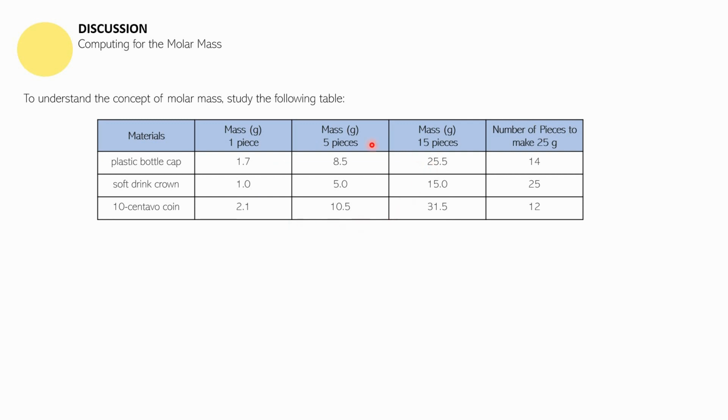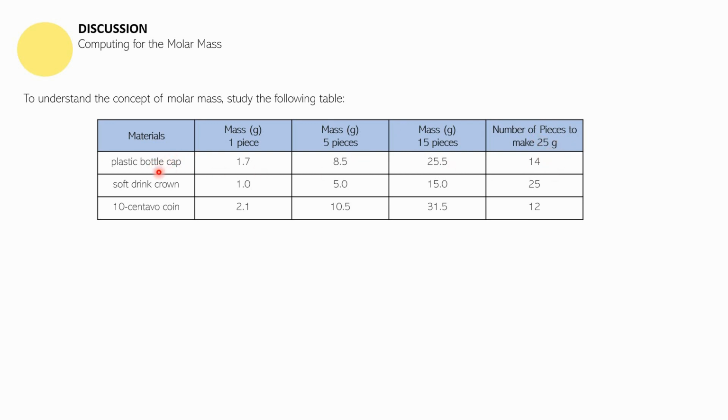So all in all, what do you observe? They have different recorded masses. Despite the fact that they have the same number of pieces, you have recorded different masses for them. I guess that concept is pretty clear for you, right? How about we discuss the last column? The number of pieces needed to make 25 grams of plastic bottle caps is 14 pieces.